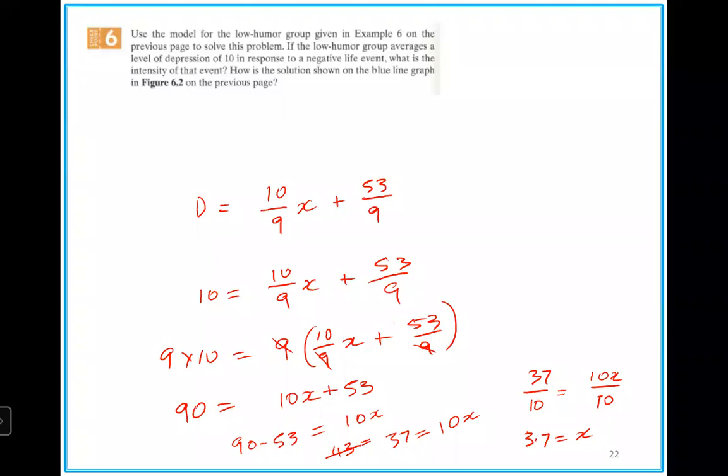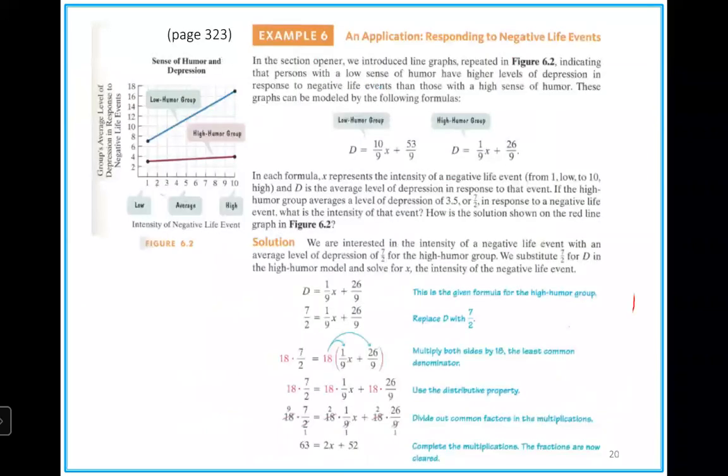And if you look at the graph, when you go over from 10 to the graph, it looks kind of like 3.5, but the more accurate from the formula is 3.7. But if you go down, you know it falls somewhere between 3 and 4.